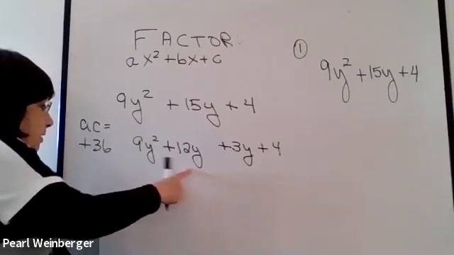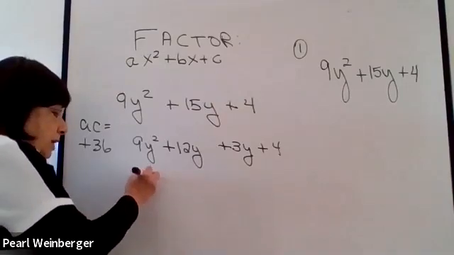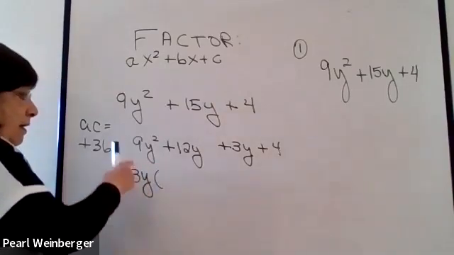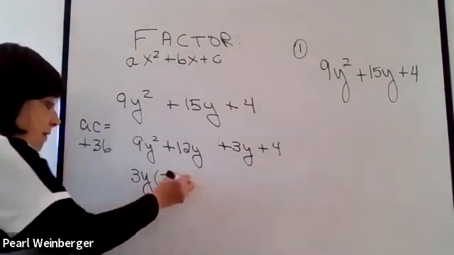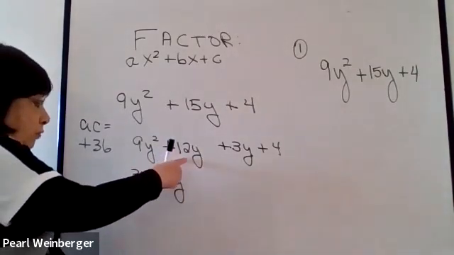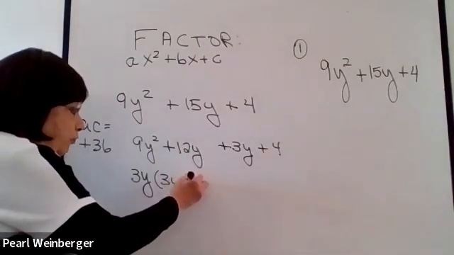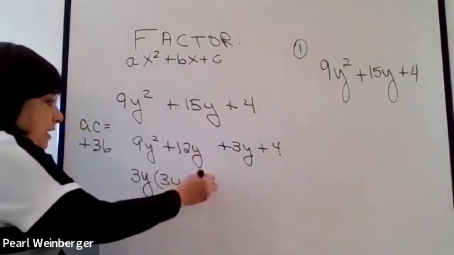Anything better than that? 3. Because 9 and 12 have a common factor of 3, so this will be a 3y. 3y into 9y squared is 3y. 3y into 12y, well, the 3 into the 12 is 4, and the y's cancel out.